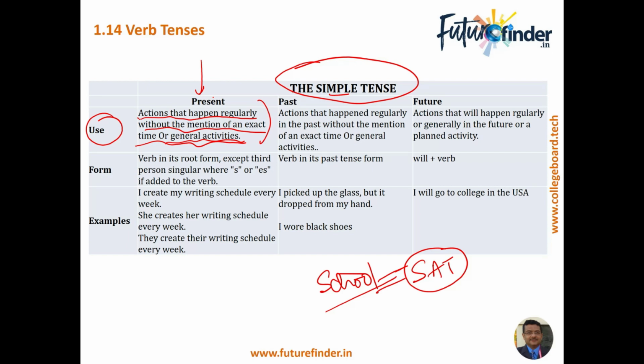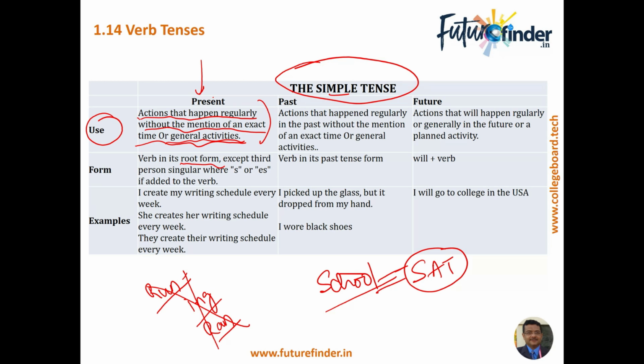And the form is that we use the root form of the verb. So if the verb is, say, run, we just use run. We don't use any present participle like running, or anything else, like the past tense, which is ran. We don't use anything else with the simple present tense.